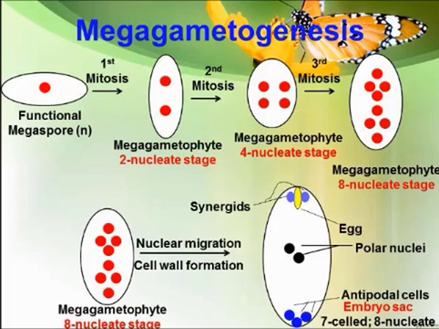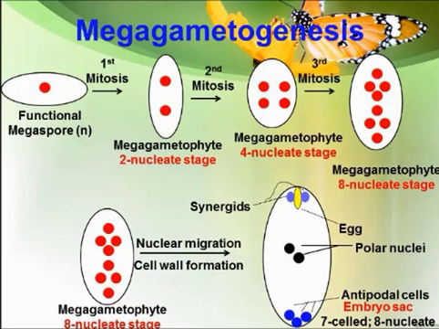These resulting 2 nuclei then undergo second mitotic division to form a 4-nucleate megagametophyte stage. Then after, this 4-nucleate stage undergoes third mitotic division to form an 8-nucleate megagametophyte stage.